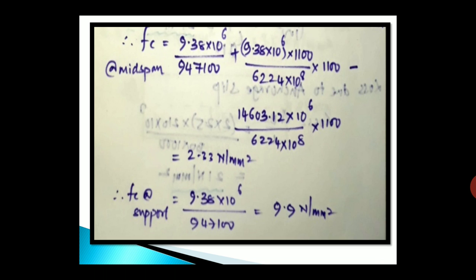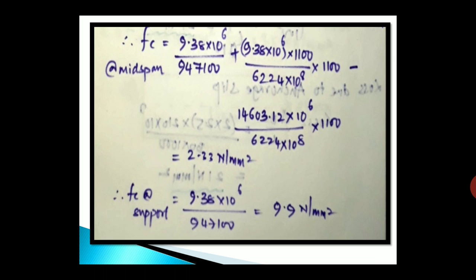Therefore now fc at the midspan, where we have a parabolic bending, we get P by A plus P into e squared divided by I minus M by I into e.